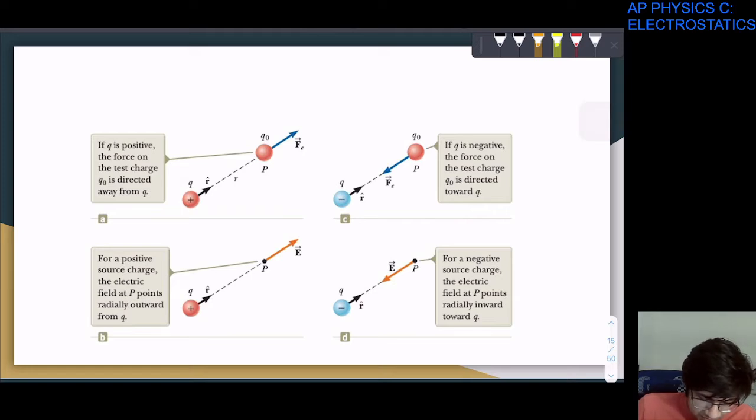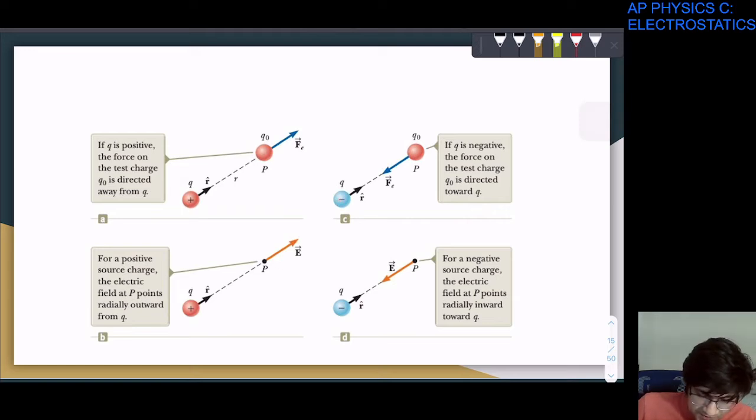Same thing over here. This is the same setup, so our source charge is positive, our electric field line points outwards, and our force and our electric field are both in the same direction.